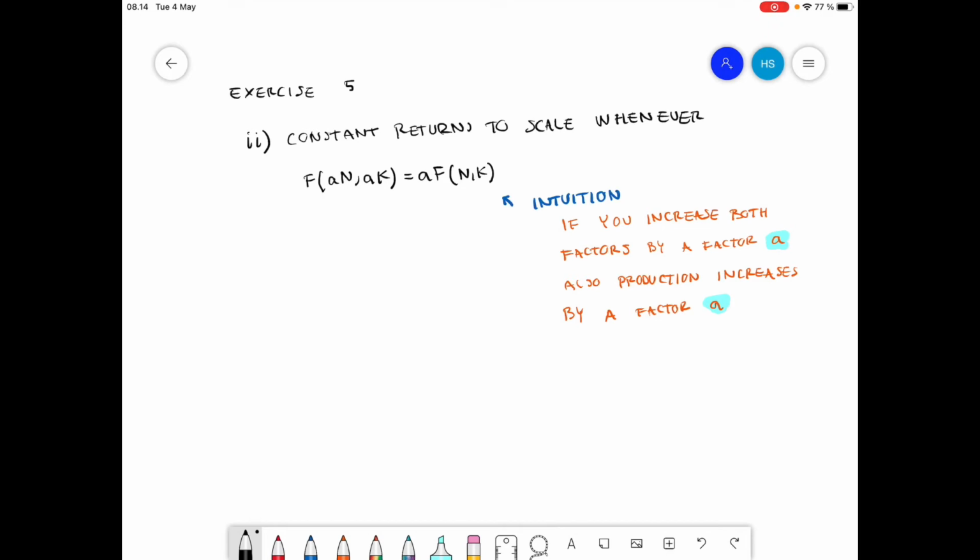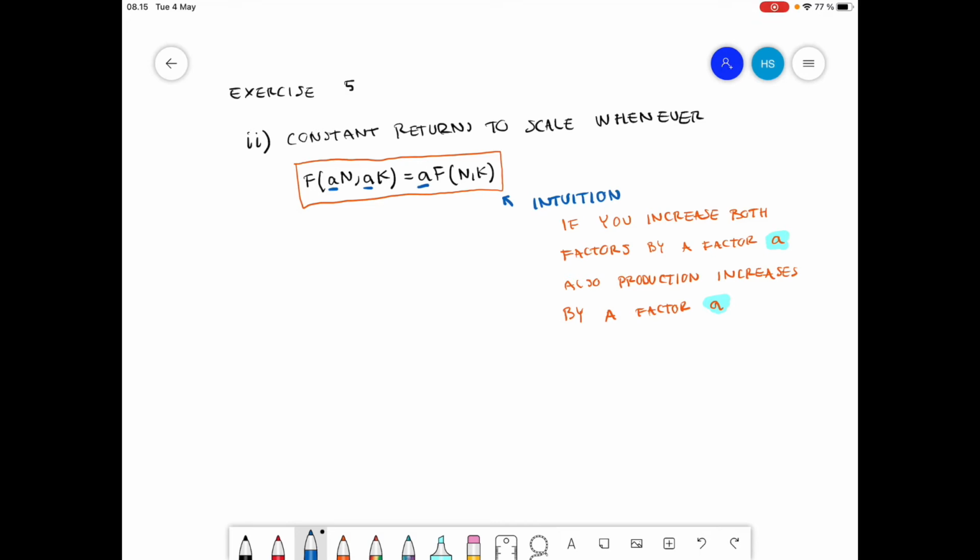The production function y exhibits constant returns to scale whenever the following holds. Whenever we increase both input factors by a factor a, also production should increase by a factor a.